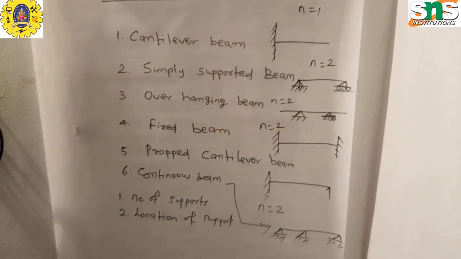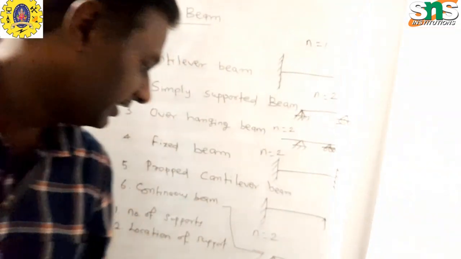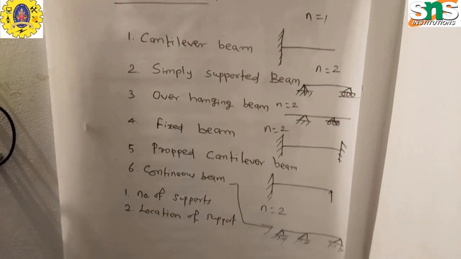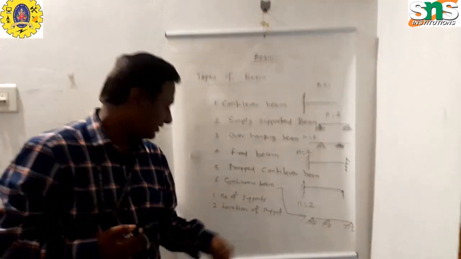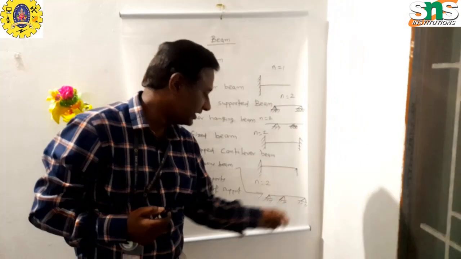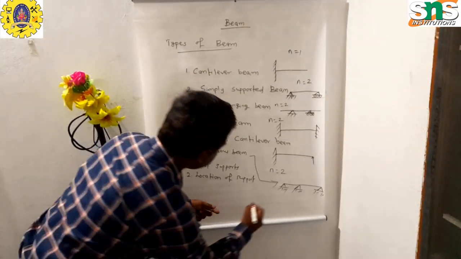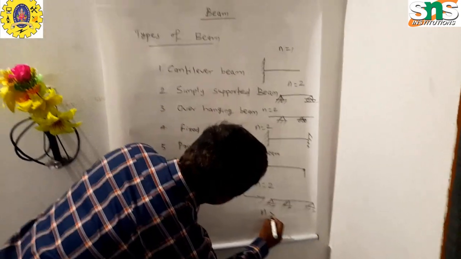So intermediate supports are many. An example is a bridge. A bridge is a continuous beam. So the number of supports is more than 2, so here n is greater than 2.